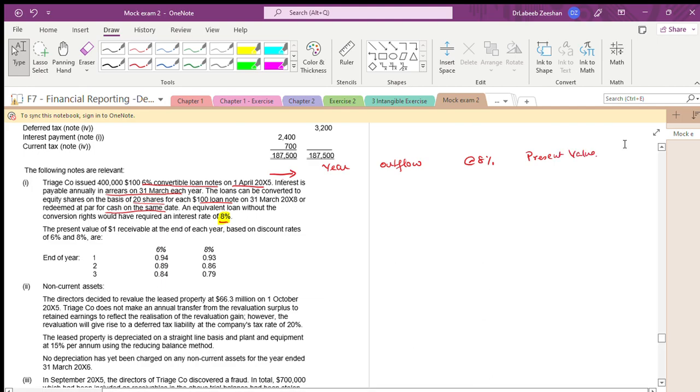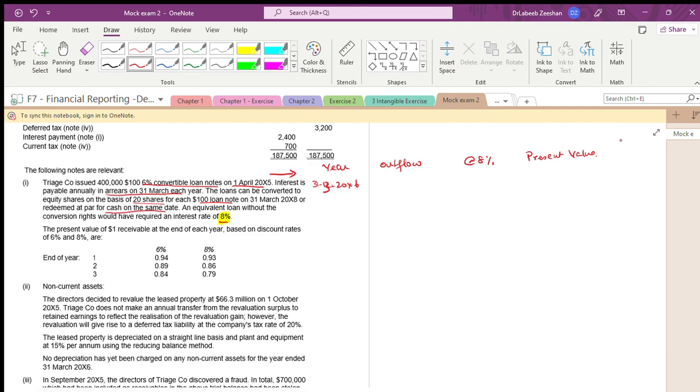When they have issued on April 1, 2005, until 31st March 2006. For how many years have they issued?